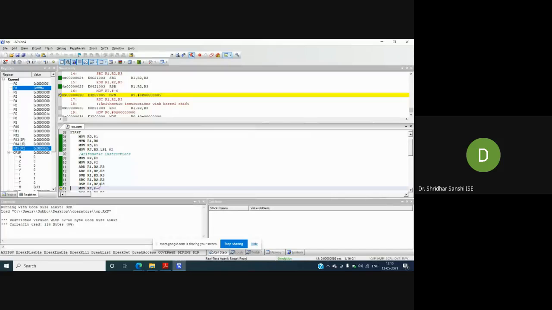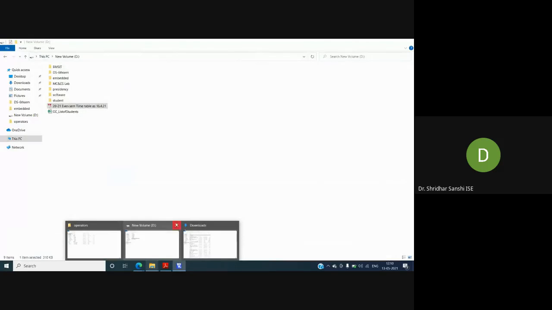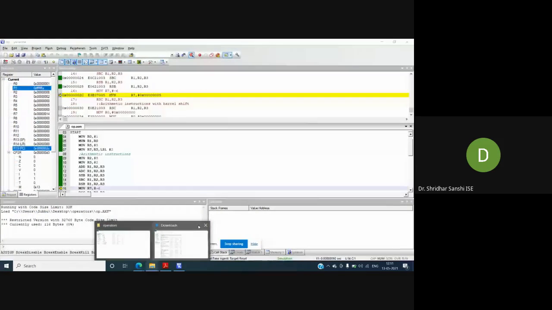So minus 6, how can we represent it in hexadecimal? Let's take it with an example.